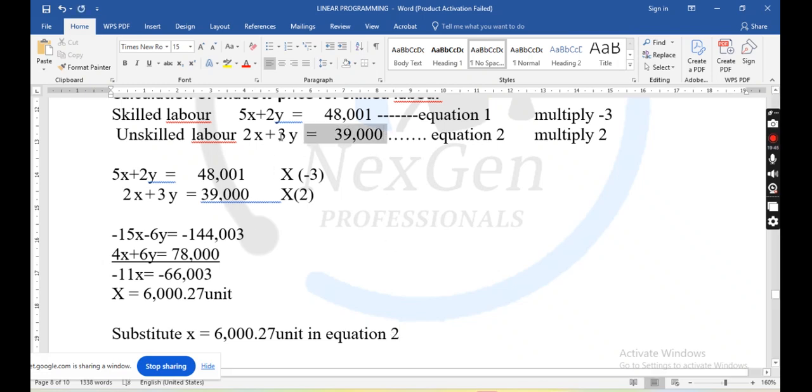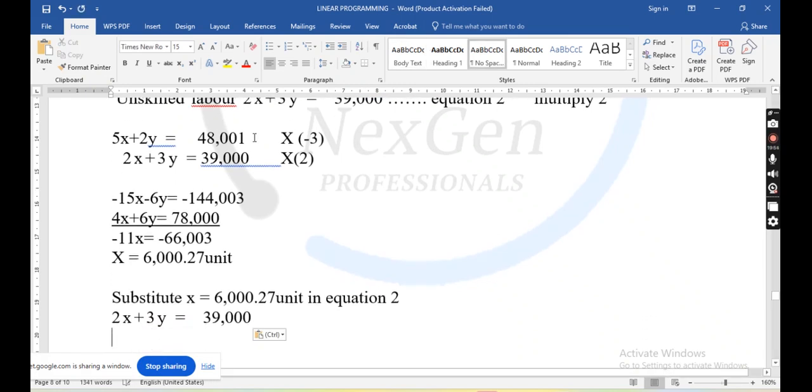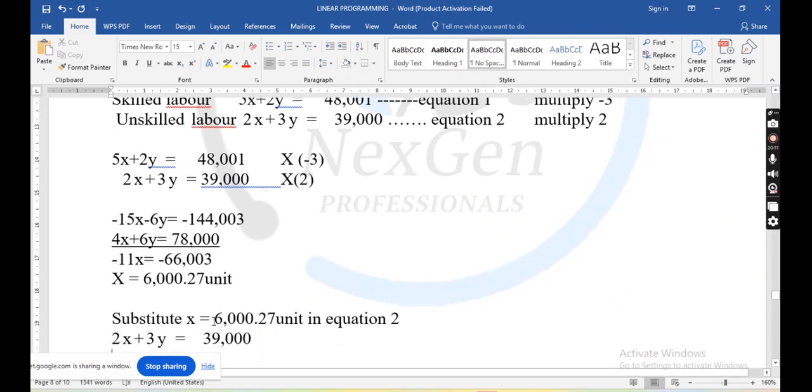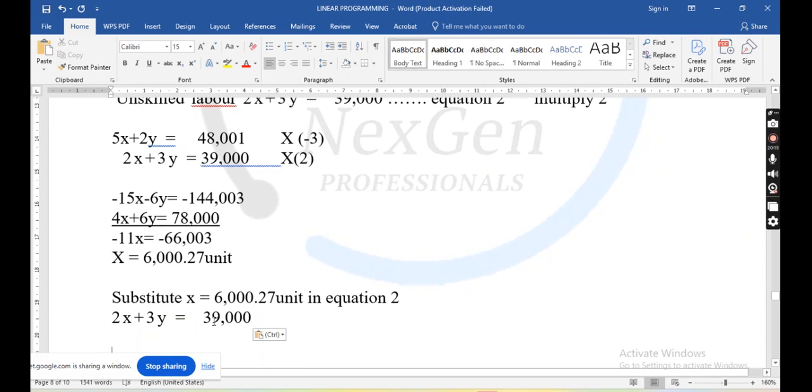This is equation 2, it's 2x. If you don't understand the elimination method, I beg you, please use the substitution method. Probably immediately after this class, you can go and watch a video on elimination and substitution methods.